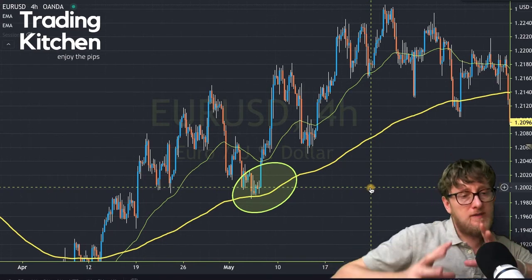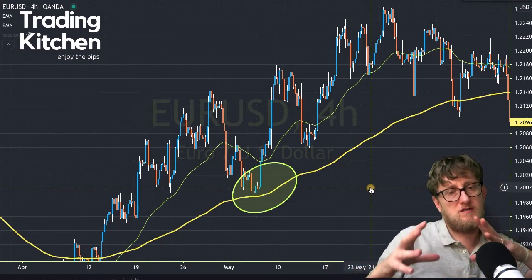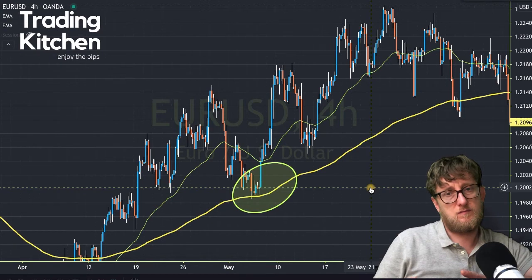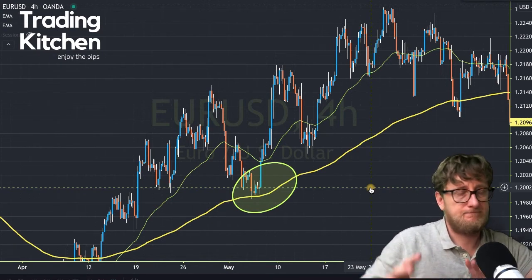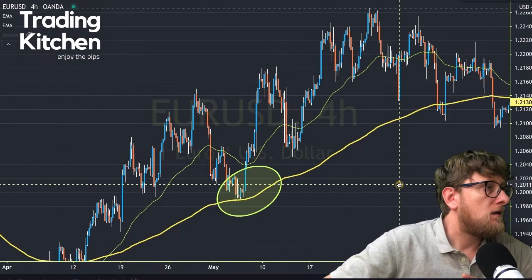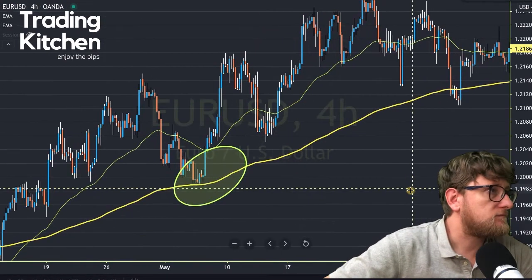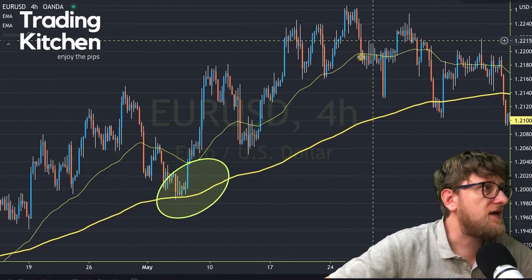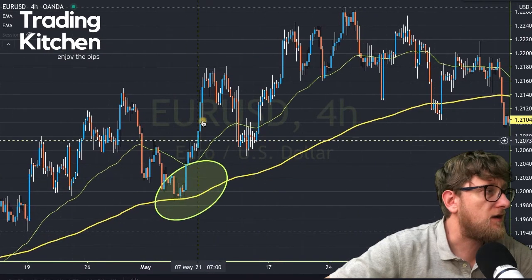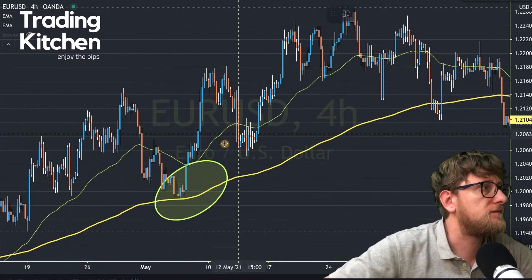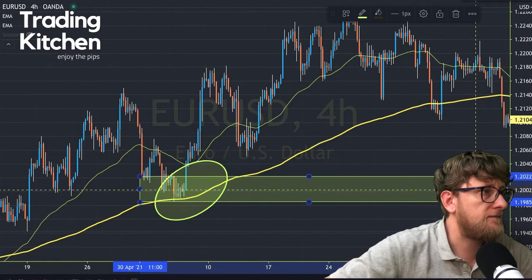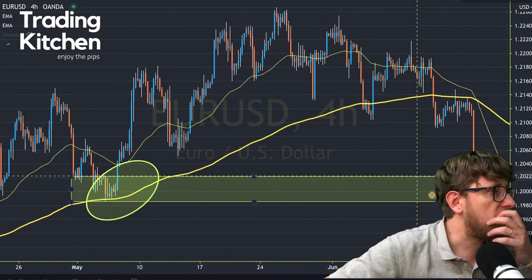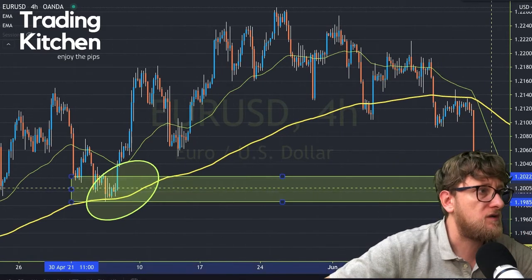Dominance could also be a supply or demand zone, but it's not the same thing. In this case, I will consider a long only above this structure. Above the structure we have only long positions.